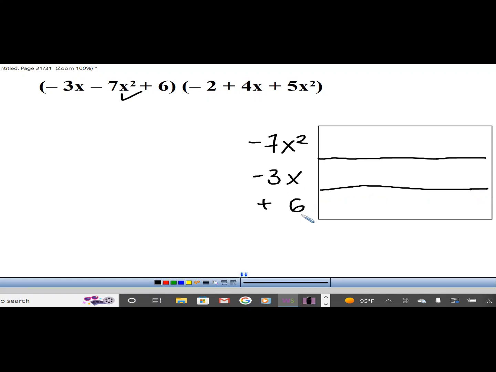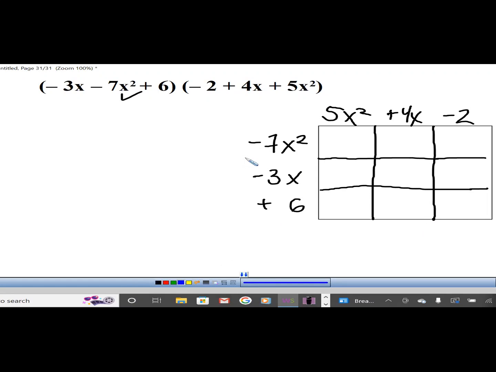Okay. And the top part, Dylan, tell us what to write in standard form at the top. Line down. Positive 4x, line down. Negative 2. All right, I'll give you time to multiply that out, see what you get. Copy and go.